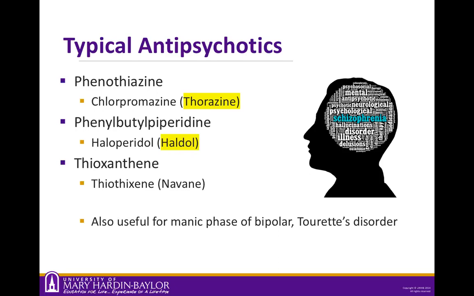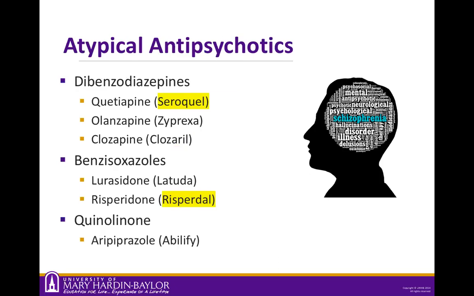They are significantly decreased, but still a potential, for the atypicals, and less severe than the typical ones. So for these atypicals, or second generations, I just pulled out three big chunks. These are like little subclasses, but I highlighted a couple that you may see a lot in the hospital, like Seroquel, which is quetiapine, and Risperdal, which is risperidone.